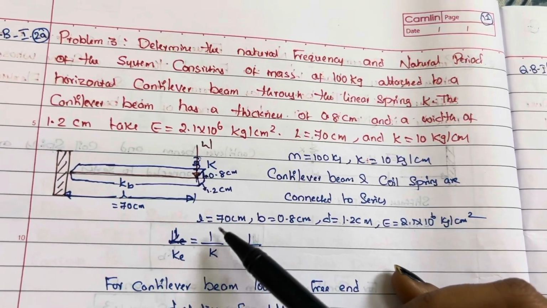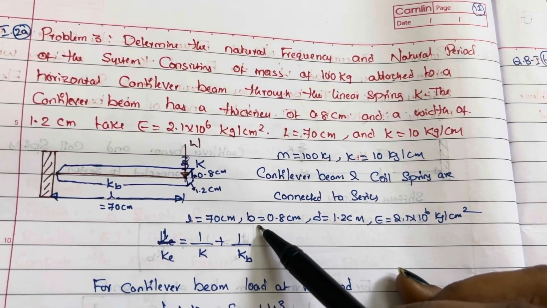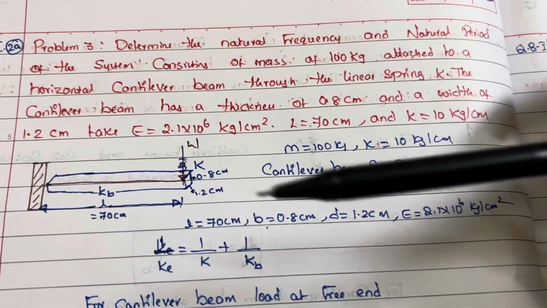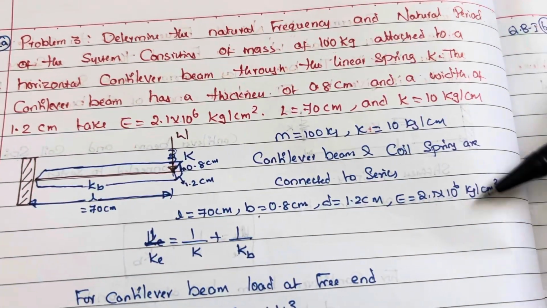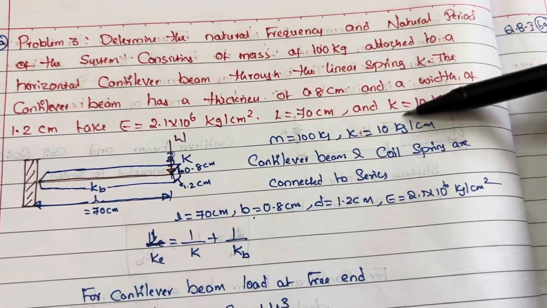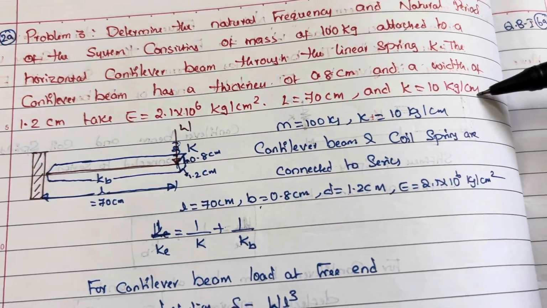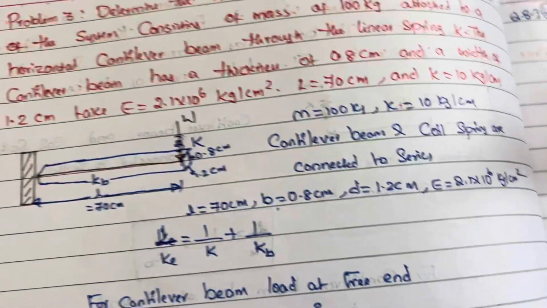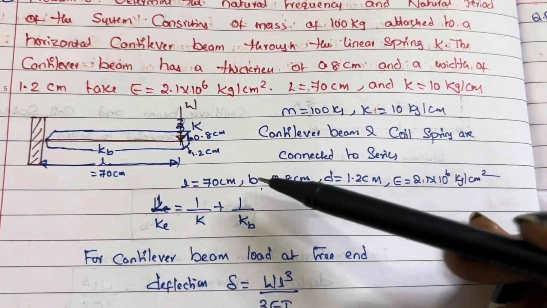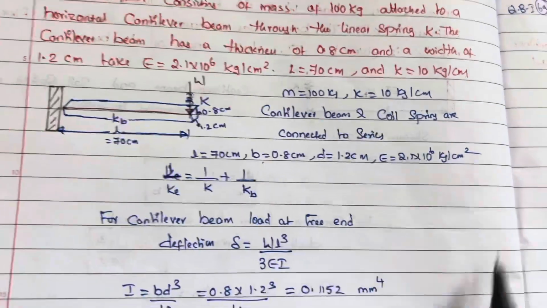They have given the length of the beam, the width of the beam and the thickness also. We take E value 2.1 into 10 power 6 kg per centimeter square, and they have given the spring stiffness K is equal to 10 kg per centimeter. So there is nothing to change. In the previous derivation we can go to the same thing, but the values are going to change. We are going to substitute the values.